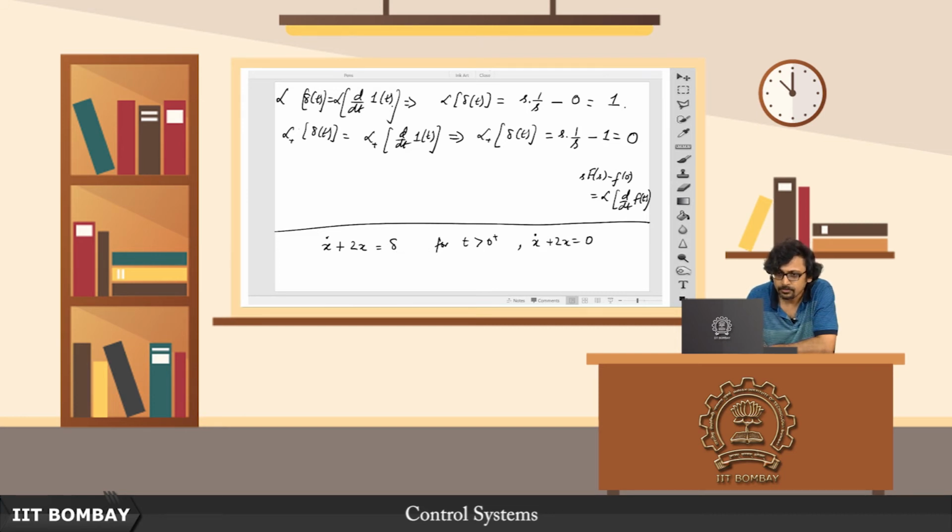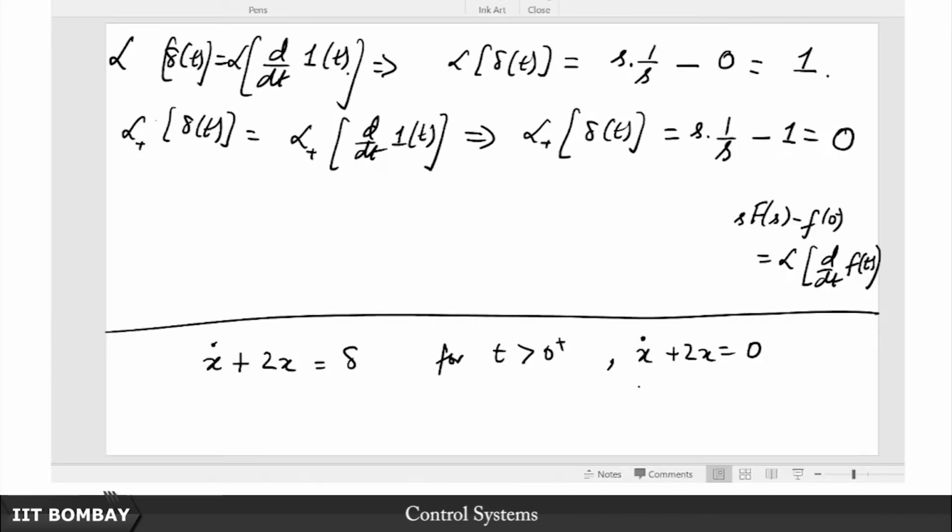So therefore, we can easily solve for this, but when we solve for this, remember, we have to write the solution in terms of, in fact it is pretty straightforward to solve, and you can see that we have to write the solution in terms of the value of x at 0 plus, okay. You can check that this is the solution. The question is, who is going to tell me what this quantity is?